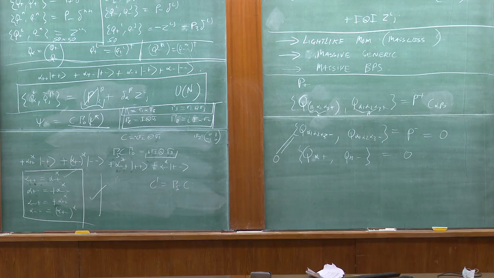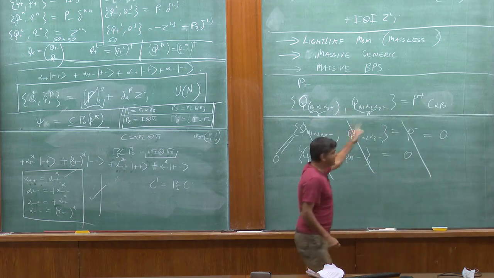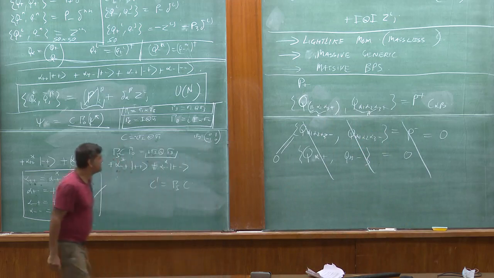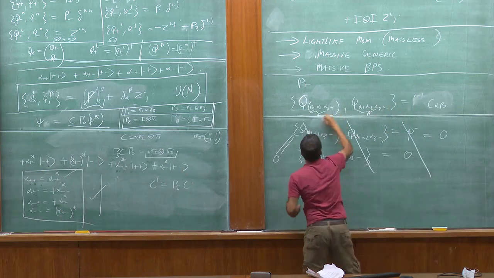Now, does this remind you of anything? So just throw this guy away. These guys are gone. Does this remind you of anything? We can always scale all these operators with the 1 by square root p plus.